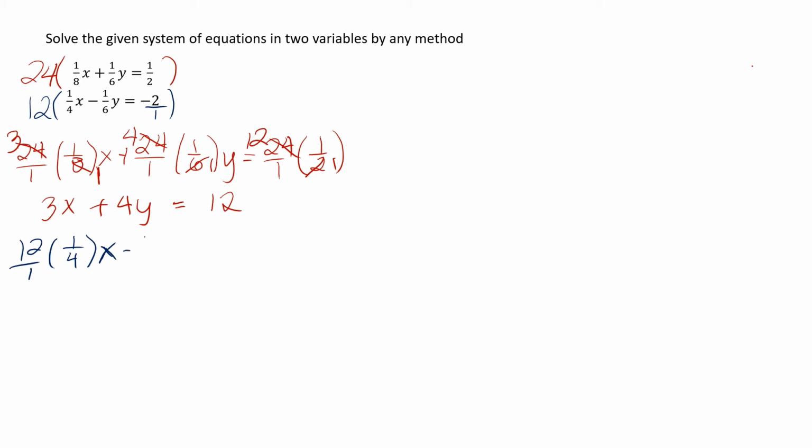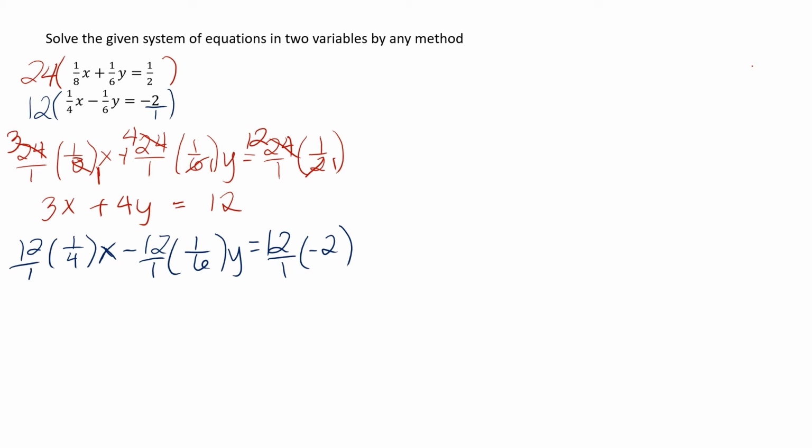Then I get negative 1 over 6 times, let's keep it cohesive, 12 over 1 times 1 over 6 y equals negative 2, keep it cohesive again, 12 over 1 times negative 2. Okay, 12 over 1 times negative 2. That was a little miswording, sorry. Okay, so let's go on.